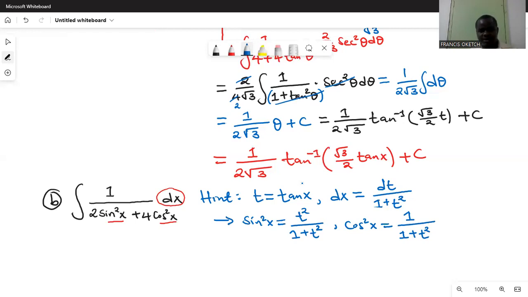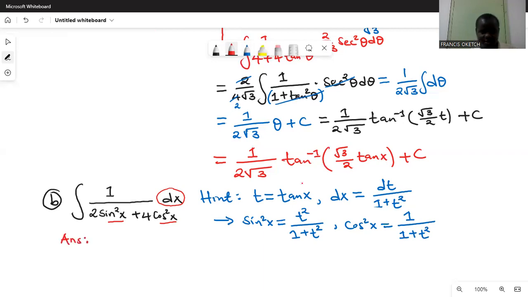Once you simplify, your integrand will be a function of t. Then use trigonometric substitution to be able to integrate it. So when you do that one, I want you to confirm with the answer. The answer for this one, this should be your exercise. You try it.